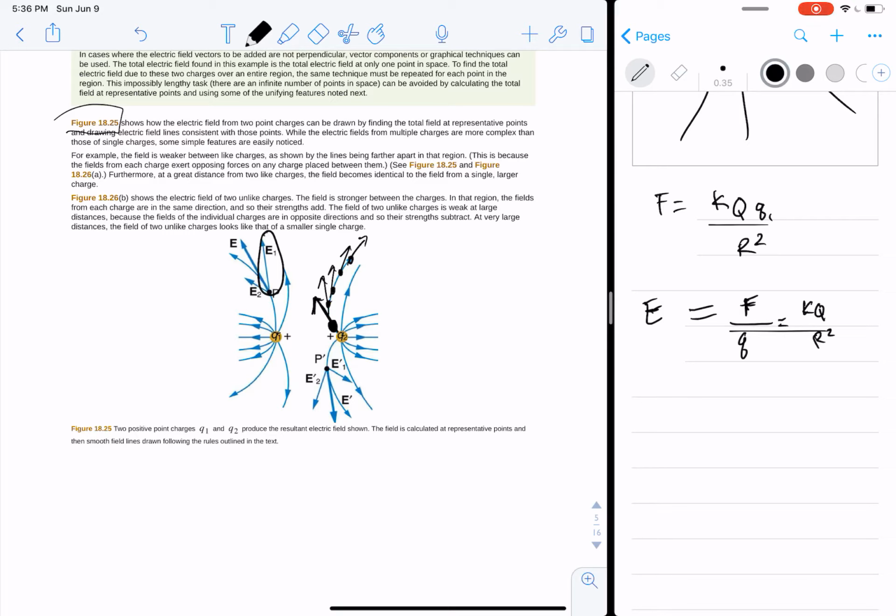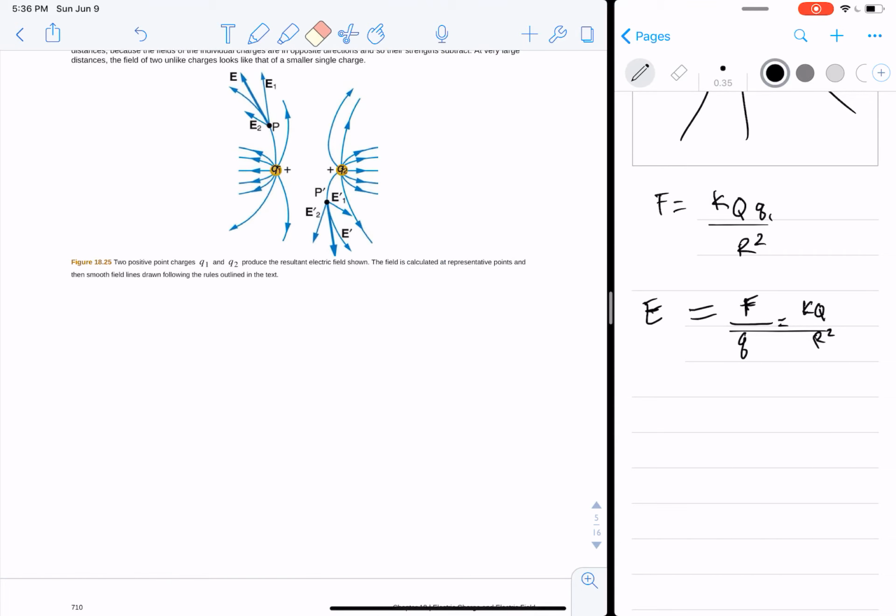So these arrows don't really mean anything with respect to the actual picture. They're trying to represent how they determined the shape of this arrow, and it's because of the way the electric fields add up to give you this net force all the way around. So it's a little bit of a confusing picture, but if you spend a little bit of time on it, I think it'll make perfect sense to you.